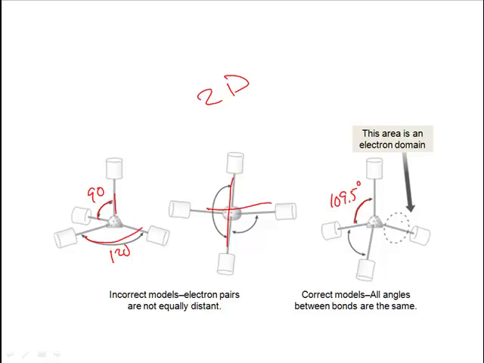Now, the interesting thing about an electron domain is it's the space occupied by these 2 electrons. It could be a bonded pair or a lone pair. These hydrogens, as they were represented, the electron domains prefer to be as far apart as possible from one another.